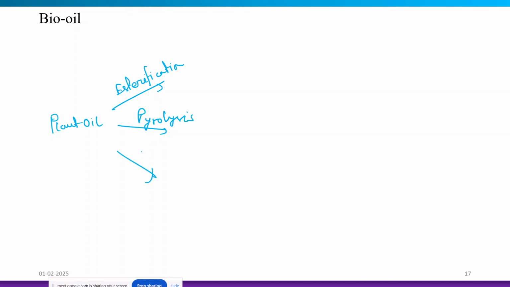And when we're talking about bio oil, that is vegetable oil production, this plant oil, there are three routes that I have discussed now: esterification, the pyrolysis process, and the hydrotreating process. By the esterification process, you will produce biodiesel.